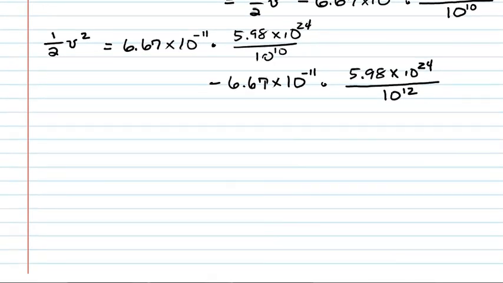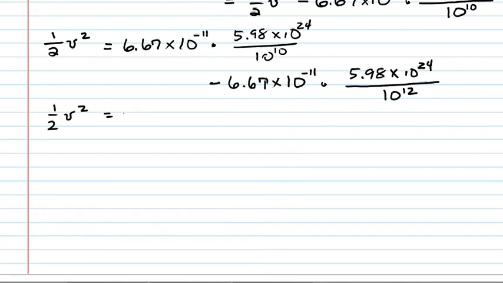If we look at the expression on the right, we can actually factor out a good bit of this. The 6.67 times 10 to the negative 11 can factor out.